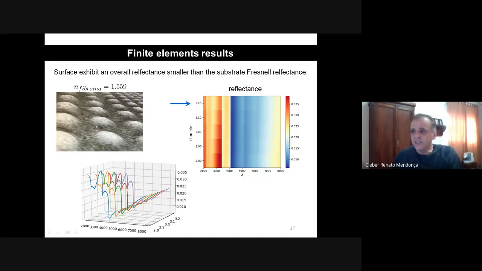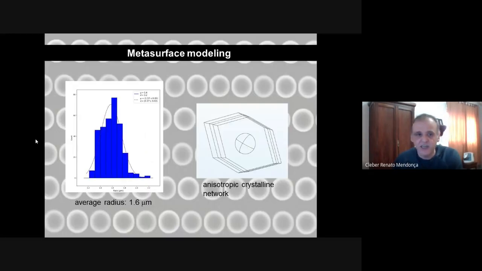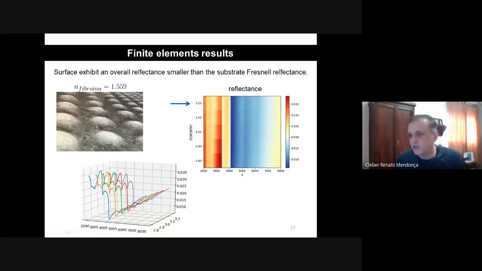What you can see here is the index of refraction. Those are some finite element results in which we present the reflectance as a function of the wavelength for different diameters. In our case, the radius is 1.6, so the diameter is 3.2, which is this line here.